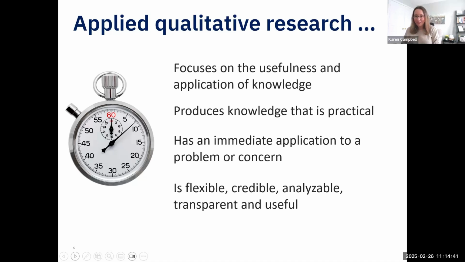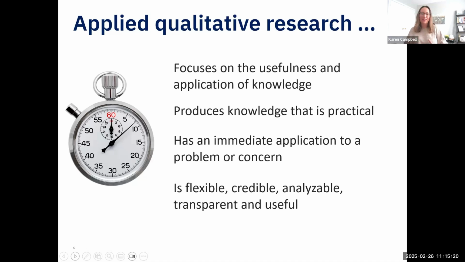Applied qualitative research often has some sort of immediate application to a problem, and it's also very flexible in the way that it's done. So we pull on those bigger traditions and identify how we can use the best methods possible to get credible, analyzable, and useful information out as quickly as possible, while still being very credible, because obviously we need that as well.